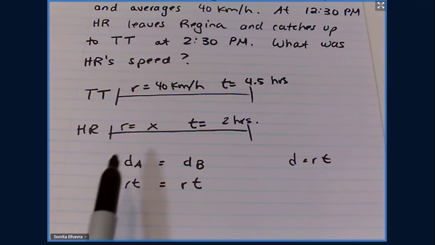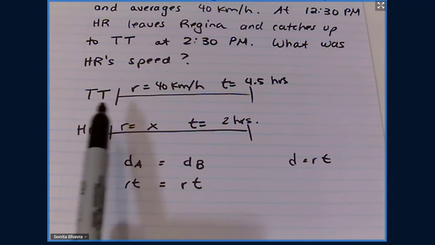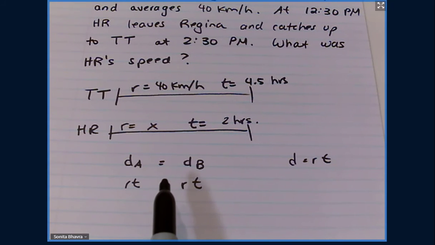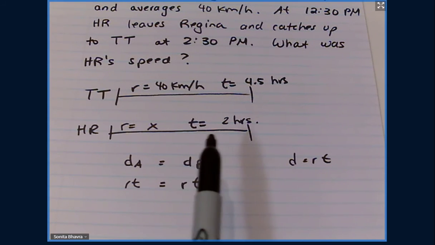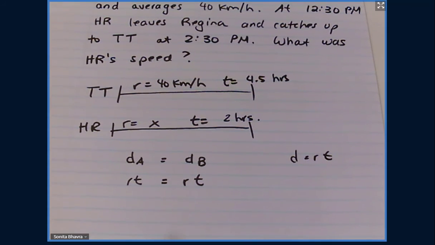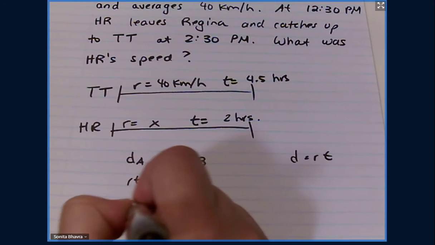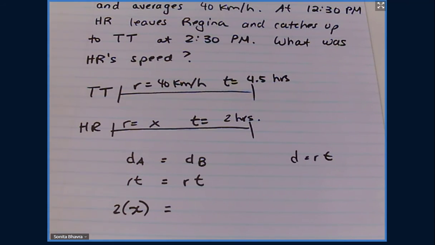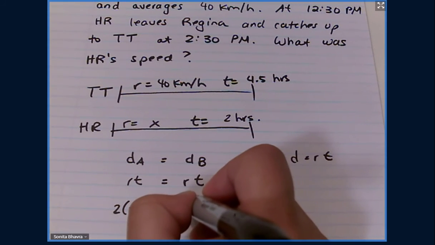For Hot Rod, it's the time, which is 2 hours, times X, so 2 times X, or X times 2, it's the same thing. We're just used to seeing it this way. And then for Turtle Terry, it's 40 times 4.5.